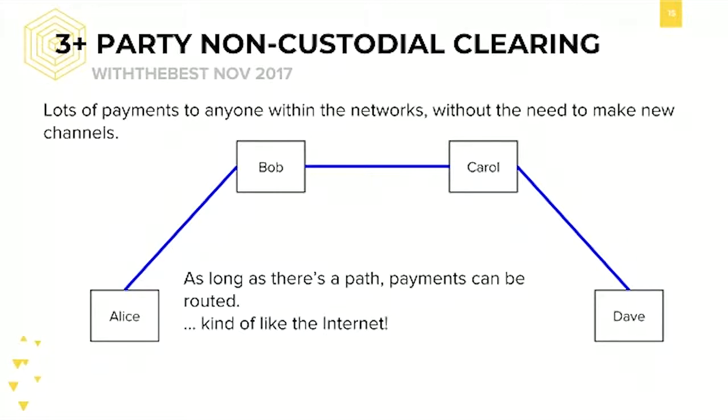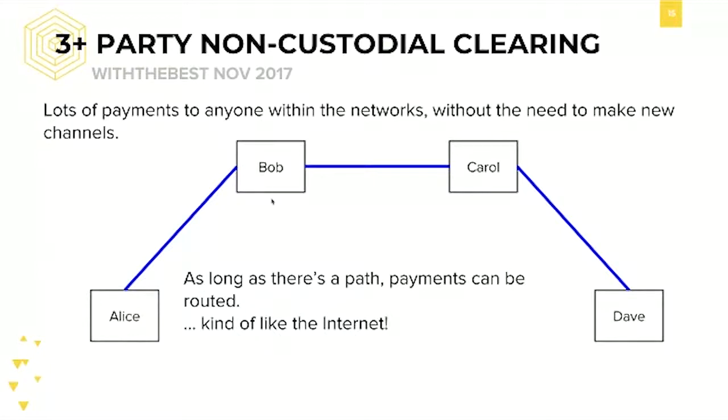And it's really cool. As long as there's a path, payments can be routed. And say my channel runs out of money: if you have money in another channel, if you can find a cycle in this graph, then you're able to effectively send money to yourself and then rebalance your channels.